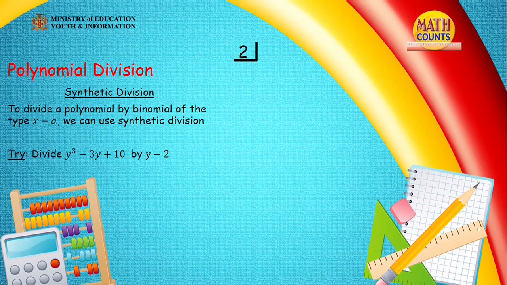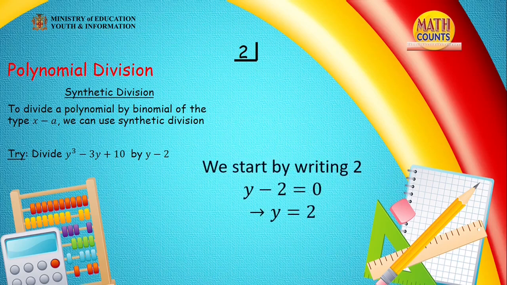As you can see, the divisor fits the structure of something that we can use for synthetic division, where the y is to the first power and its coefficient is 1. So as usual, we write that 2, but where did that 2 come from? We equate the divisor to 0 and we solve for y. So y minus 2 equals 0, therefore y equals 2. Place a 2 up top.